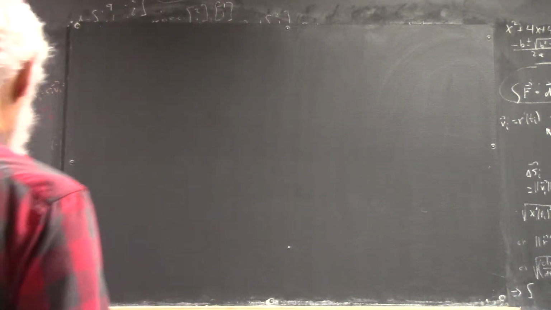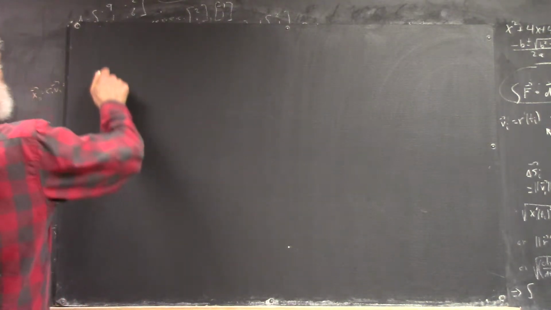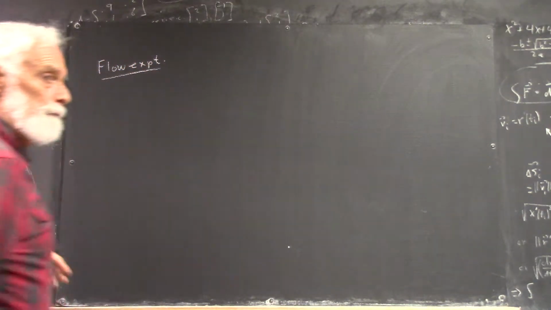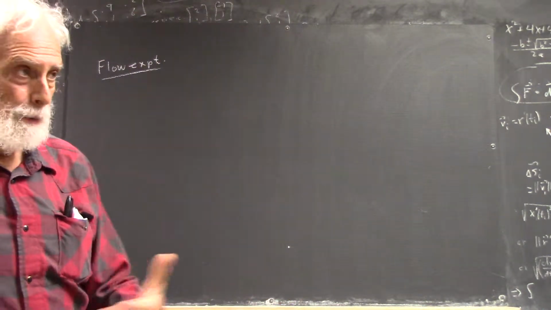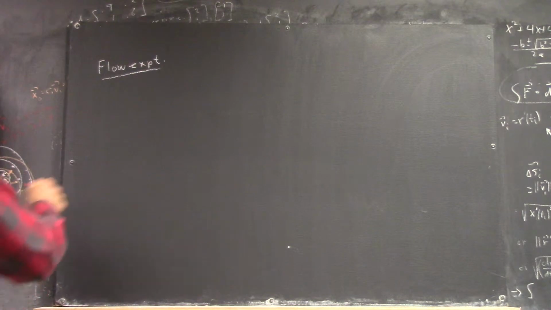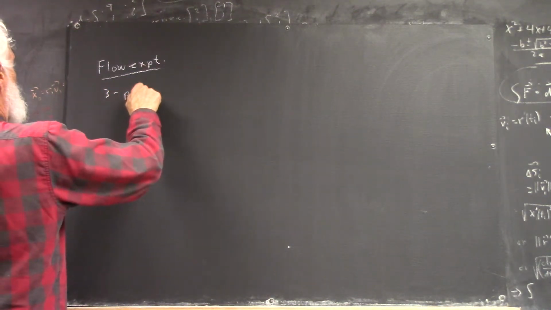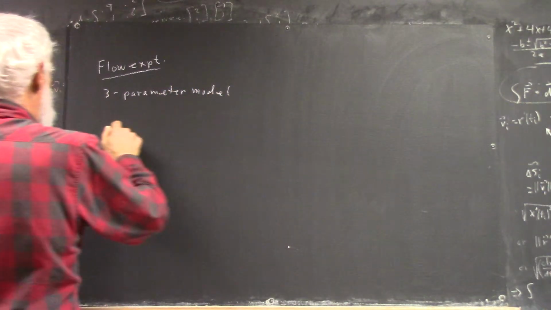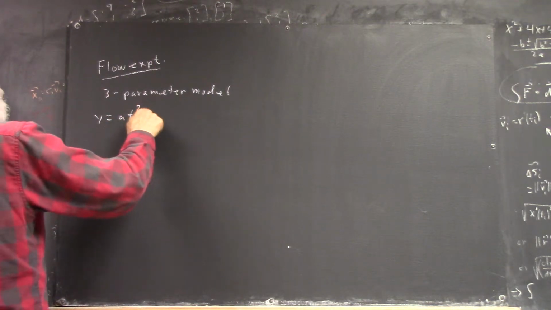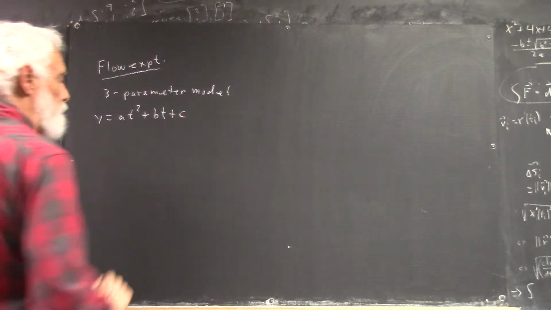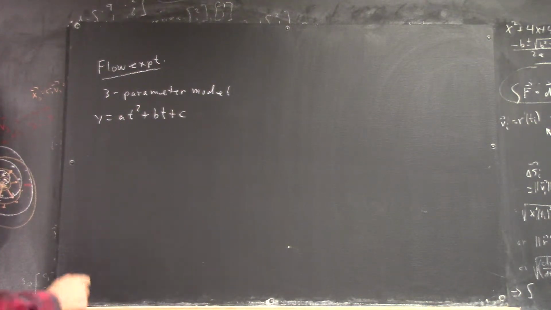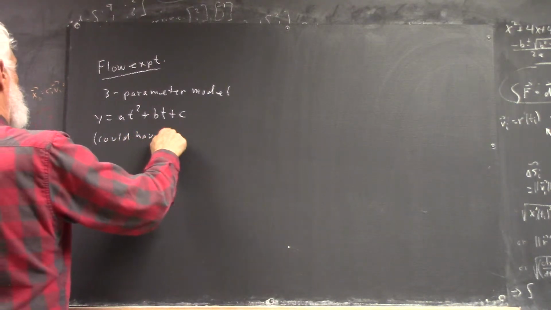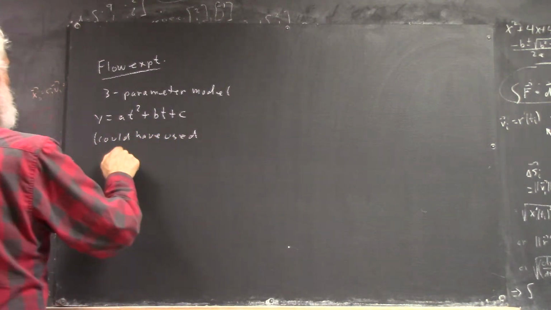Okay, so in the flow experiment, we actually did what I was saying here. It's a 3-parameter model, and we used the y equals at squared plus bt plus c model, although we could have used the vertex form.